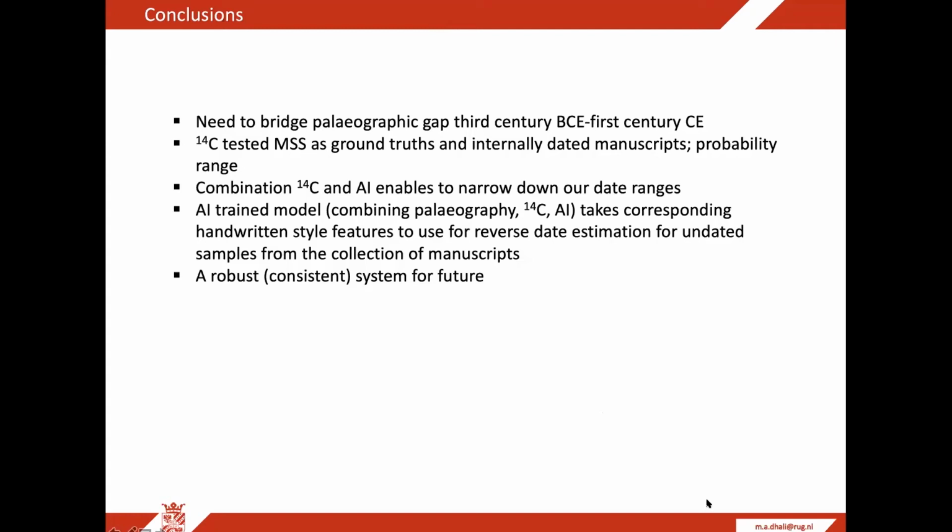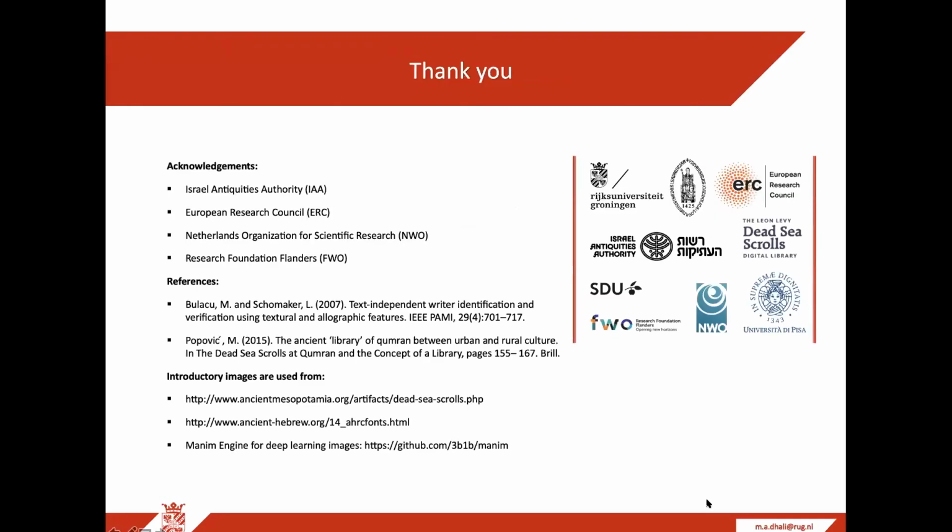So if in future there is more internally dated manuscript that is getting excavated, or something new is coming, you can always feed it into the system and have your results more refined. So this is a starting point for the future of dating, I would say. Thank you, everyone.